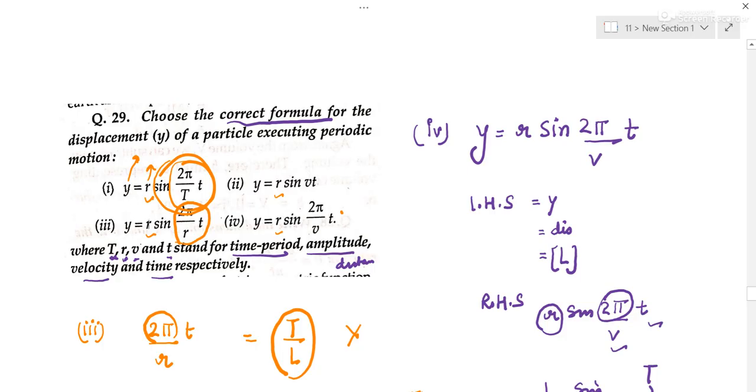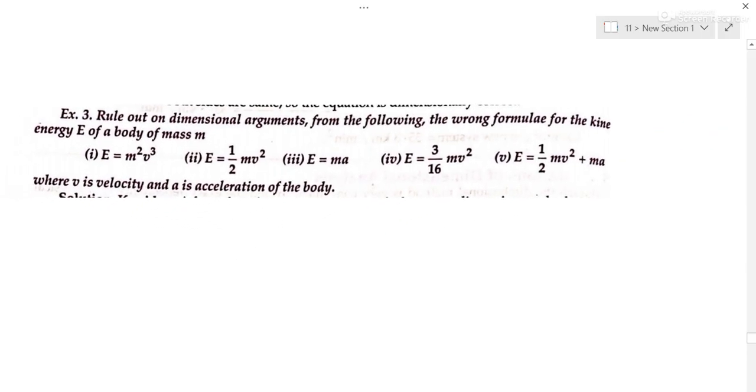So let us get to next. Similarly, let us see in this which is wrong. So what is E? E is energy, m is mass, V is velocity, A is acceleration. So pick up one by one and check it out.